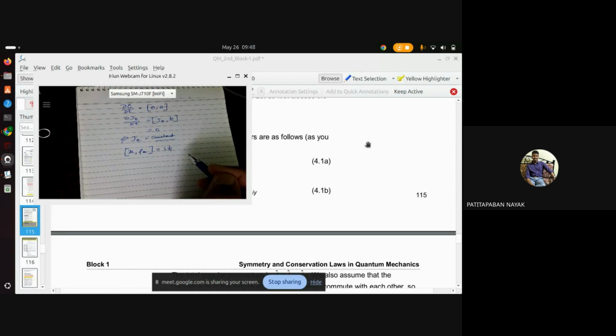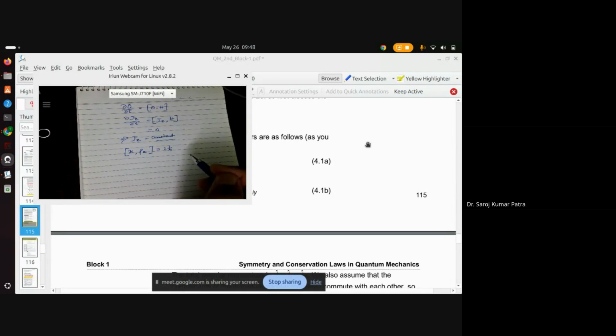Simultaneously, to the accuracy, yes. But if this is not equal to 0, that means we cannot detect them simultaneously. So this is nothing but your uncertainty principle: if you determine X, then you cannot determine P that accurately, or both of them cannot be determined simultaneously. When I say determined, it means accurately determined.